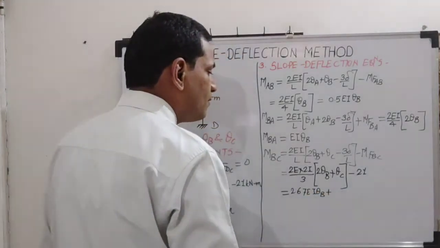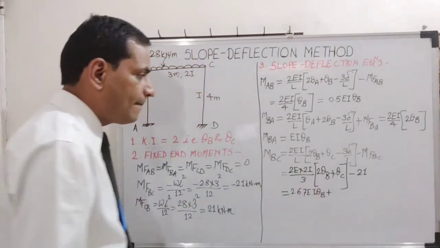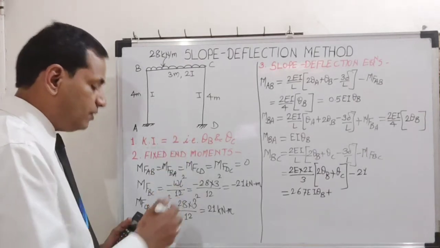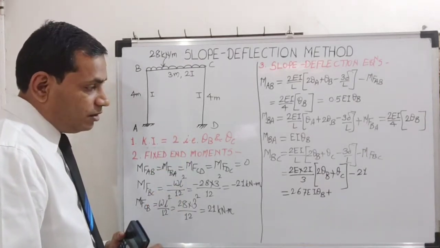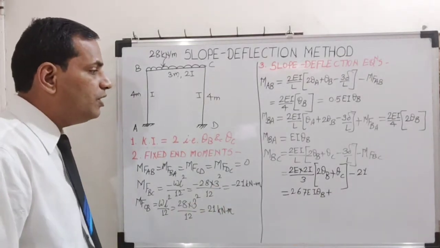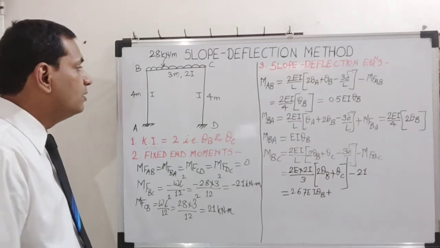Instead of solving or simplifying this, we will now make use of symmetry of the frame. What we will do is substitute theta B equal to minus theta C. Why?